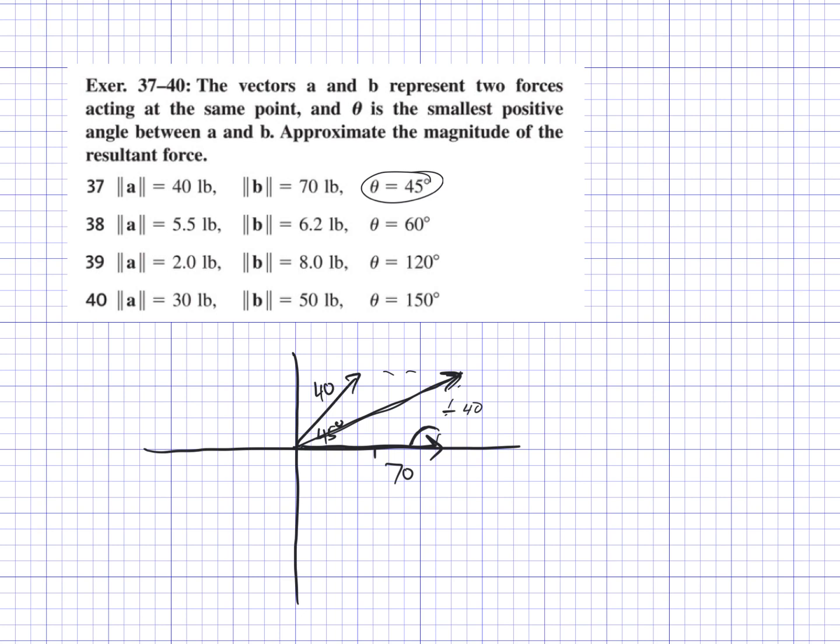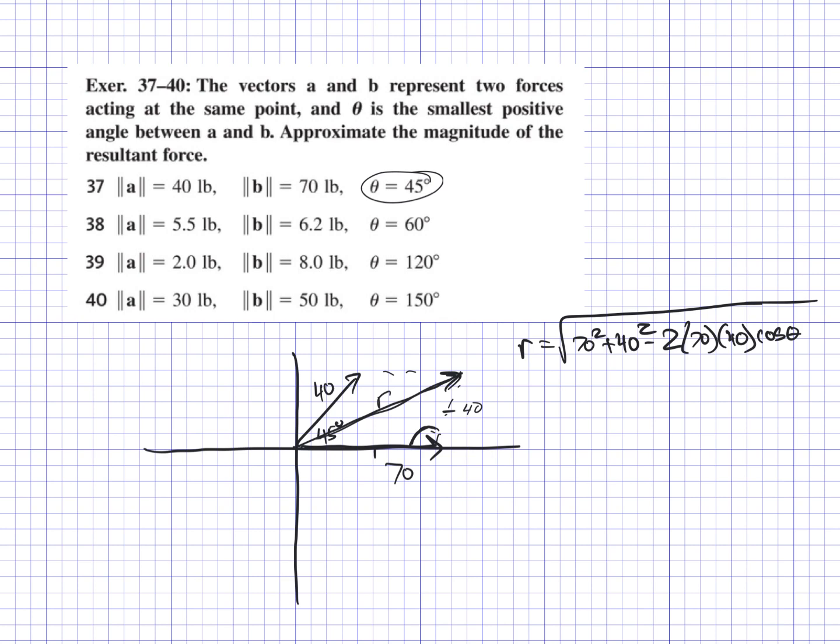But I can get this degree by using the law of cosines. So r squared, remember, so we're going to take the square root of each side squared, added together, minus 2 times each side times the cosine of theta. So r we don't know, but theta we do know.